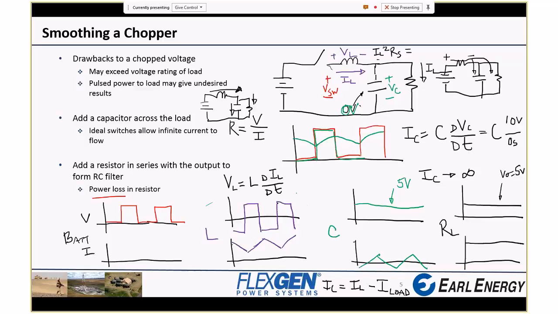When you turn the switch off, the battery is disconnected from the circuit, leaving the inductor and capacitor and load. So there's definitely a current flowing to the load.